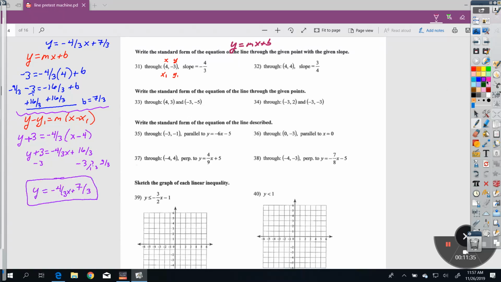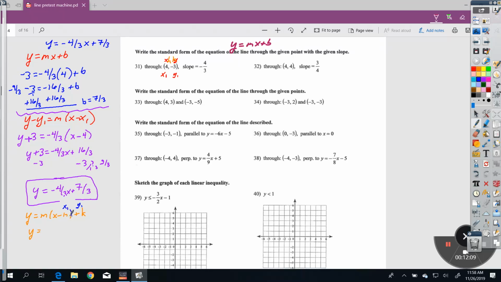There is one more way. I'll hurry and show it. Y equals m x minus h plus k. This is the h and this is the k. So it's the same as the y minus y1, x1. This is a mess. H is really the same as x1 and k is really y1.